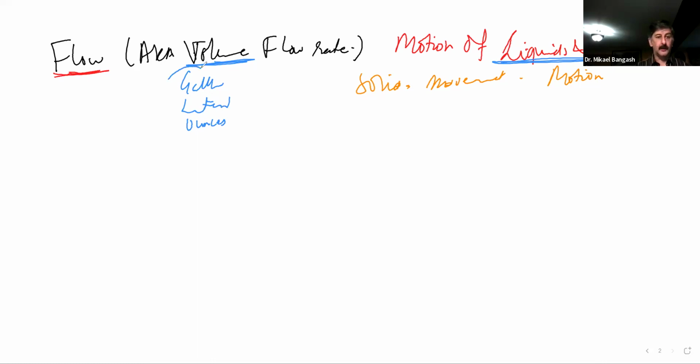These are all units of volume, which are used to measure liquids and gases. Flow, as we just said, means the motion of a liquid or a gas, which can be measured in a volume, or using a unit of volume.